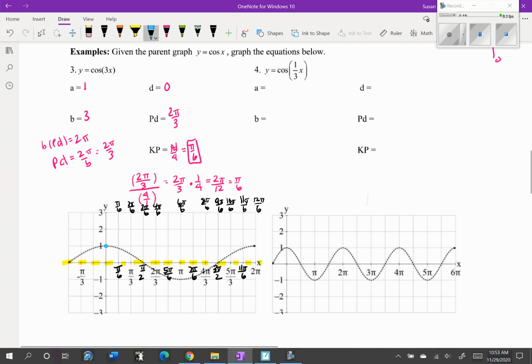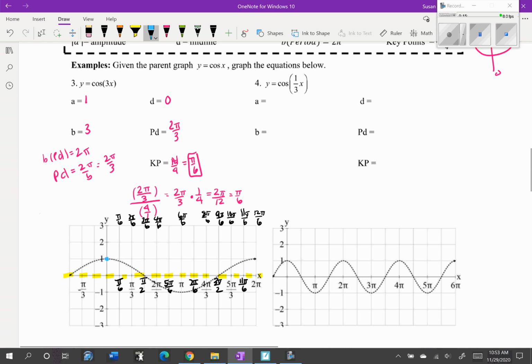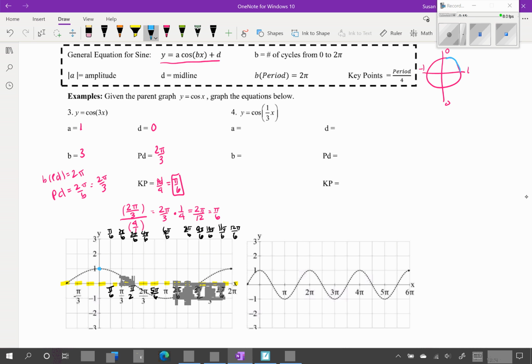And then, so if you look back at your circle, you start at 1, then you go to 0, -1, 0, and back to 1. So 1, our new key point is pi over 6, so 0, -1, 0, 1. So notice that the first wavelength is from here to here, which is the period. And notice that it has horizontally compressed.